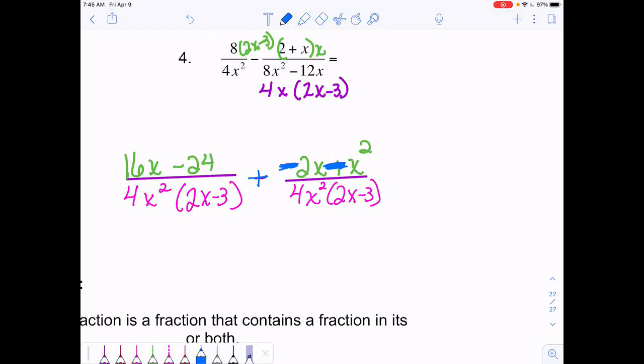So Faith, when you combine your like terms together, what do you have in the numerator? No, plus 15. Plus.